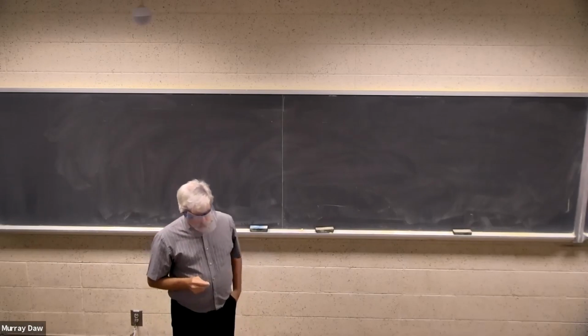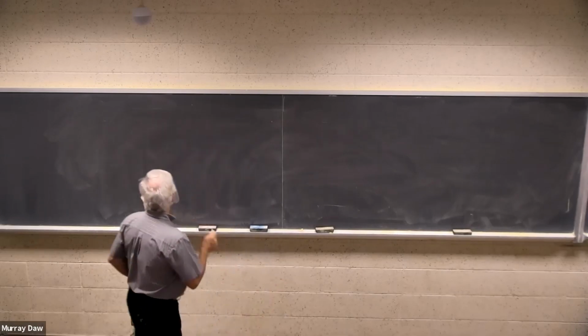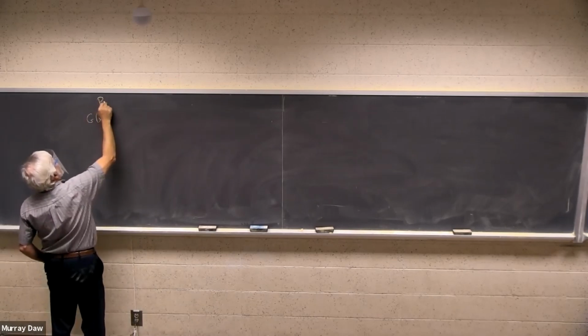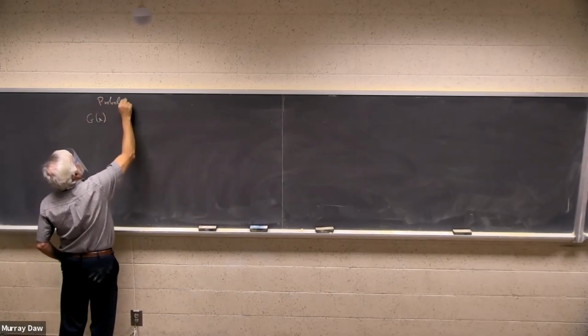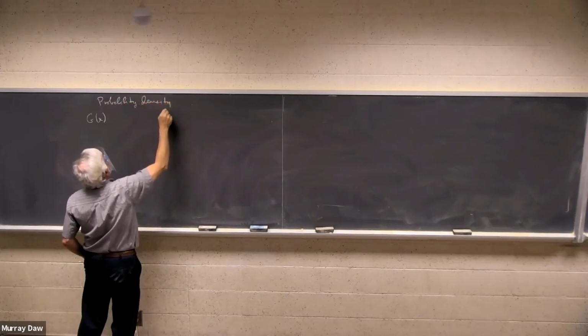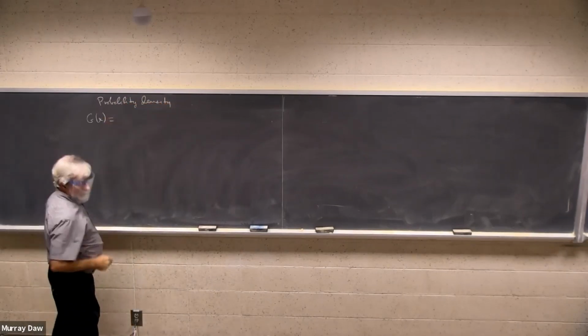Okay, remember earlier we talked about a Gaussian probability density, which is a particular probability density. There are lots of them, of course.